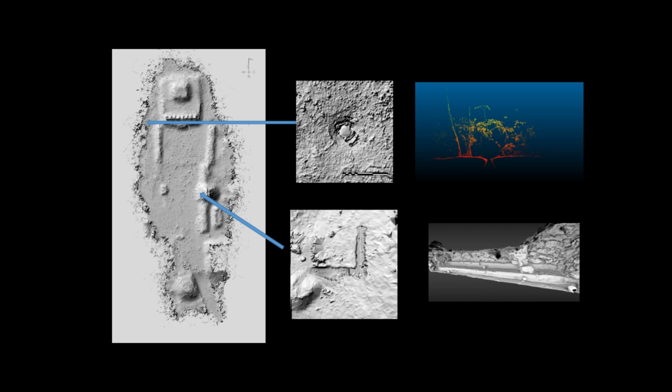For example, here we have something like 1 million points per square meter, so it's very detailed, and except for large structures, we can also examine smaller structures. Like, for example, here we can see a chultun, something like a storage pit carved in limestone bedrock, and it is something like half a meter.